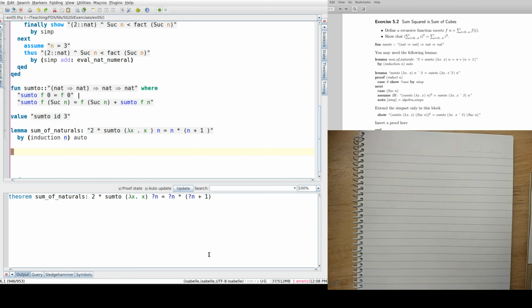So maybe I should also try and do the proof on the paper. Let me just set it up first actually, and then we'll do the rest of the interesting part on the paper, okay? So again, it will be by induction.